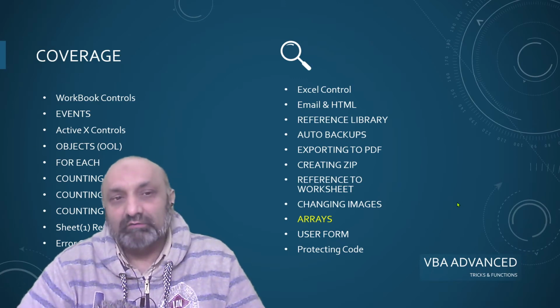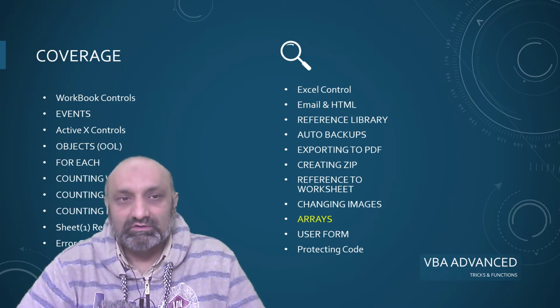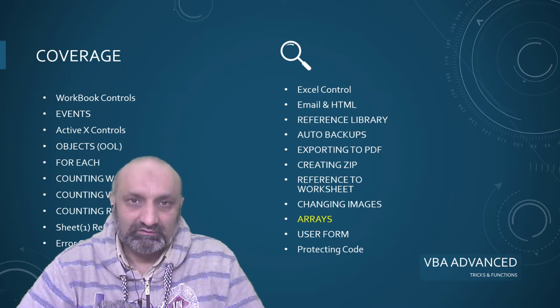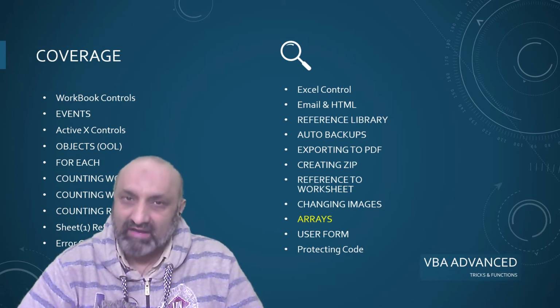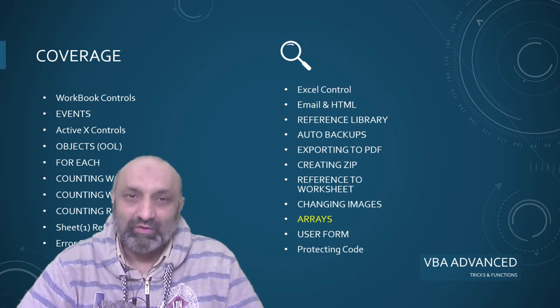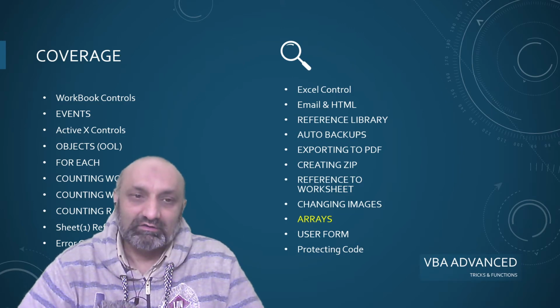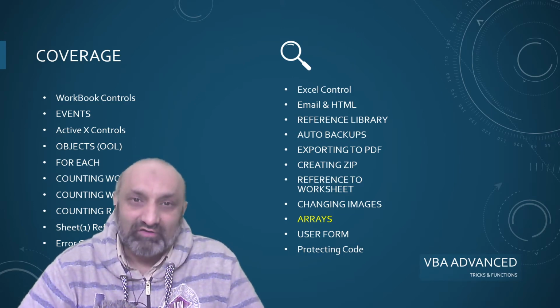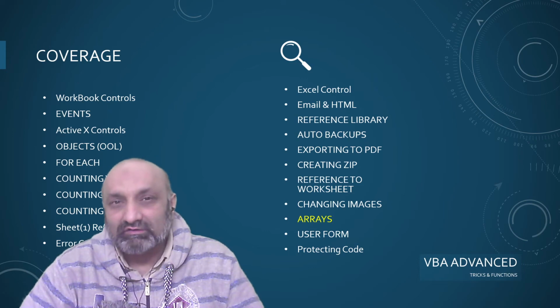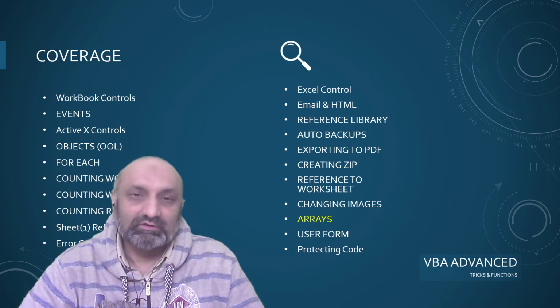So we will be talking about workbook controls: how to open, close, and save workbooks through macros, through our code; what are the events; what is ActiveX controls; what are the objects; and we will talk a little bit about object-oriented language.